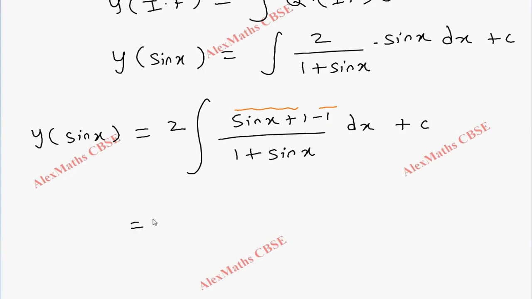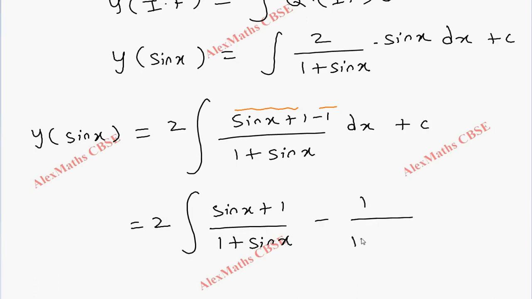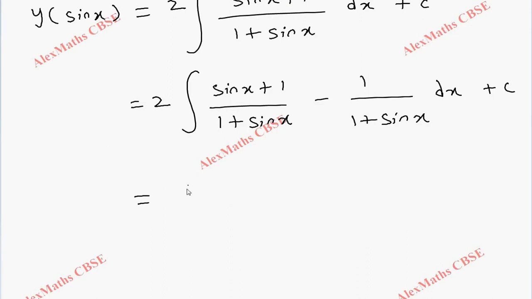So this is 2 integral sin x plus 1 by 1 plus sin x and minus 1 by 1 plus sin x dx, and then we have plus c. The first part after cancelling it becomes 1 and second part we have minus 1 by 1 plus sin x.